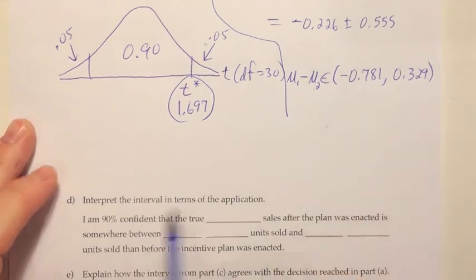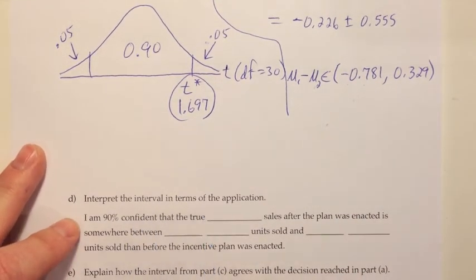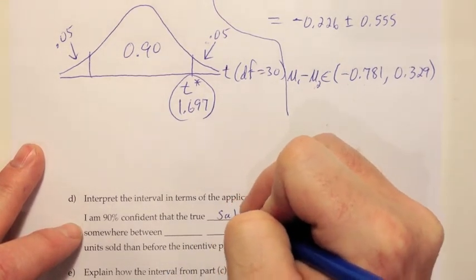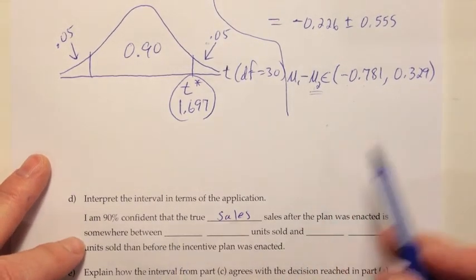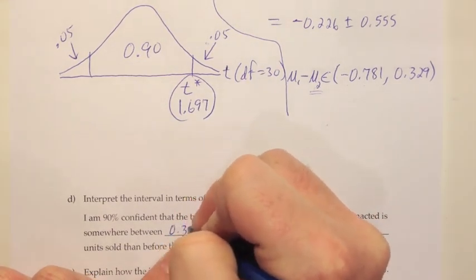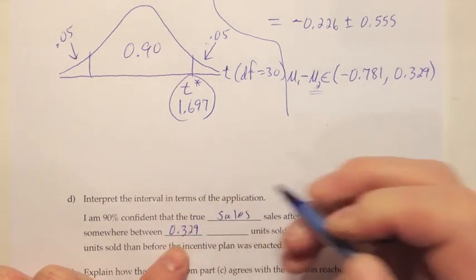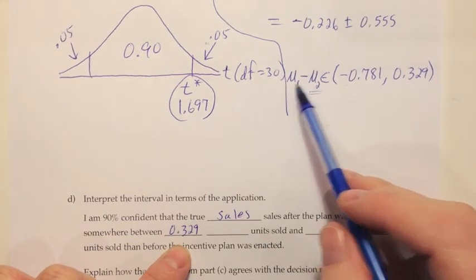So let's see if we can write that out down here. So interpret the interval in terms of the application. I'm 90% confident that the true mean sales after the plan was enacted, so that's from this point of view, is somewhere between, and I'm going to start off with this number right here, 0.329, and again, that means that the sales after were less than this by that amount.